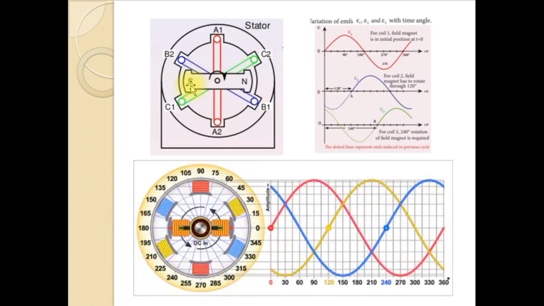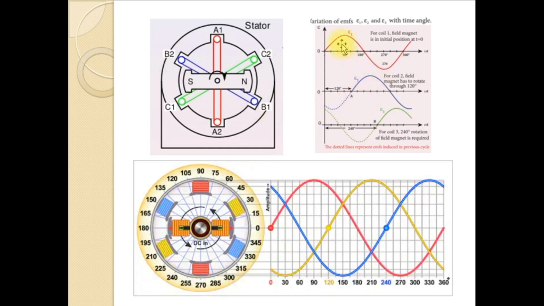Now if you see the variation of the waveforms on each of these coils, if you take the first coil as a reference, you can see that the variation of the voltage on the first coil will be like this, and as the second coil, here B1 B2, is displaced by 120 degrees, the variation will be like this.